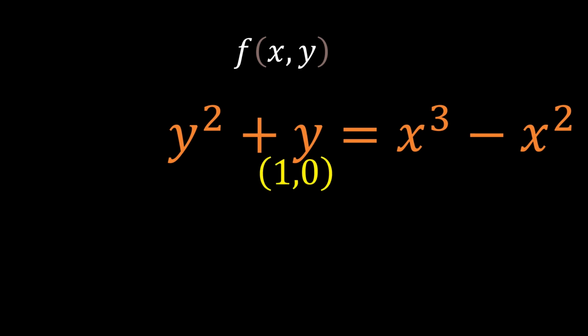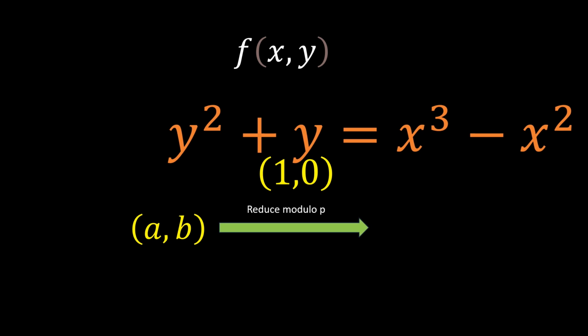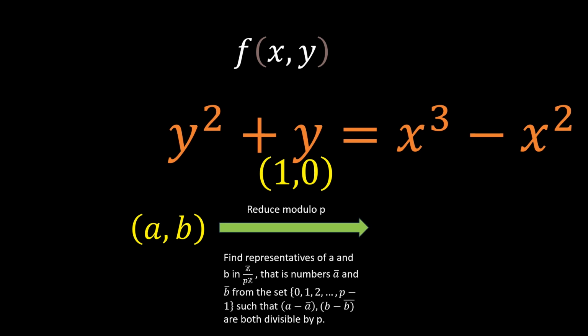Now, if a, b is an integral solution to this curve, we let a, b undergo the process of reduction modulo p, which is defined as follows. We find representatives of a and b in Z mod pZ, that is, numbers a bar and b bar from the set 0, 1 to p minus 1 such that a minus a bar and b minus b bar are both divisible by p.